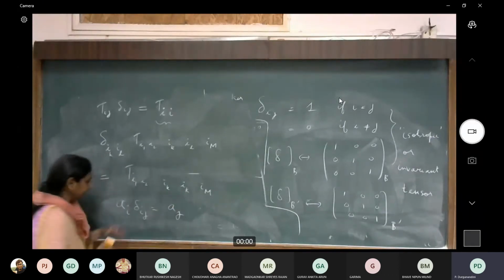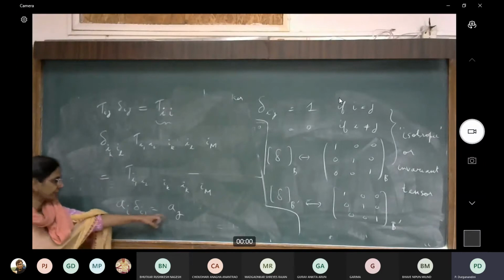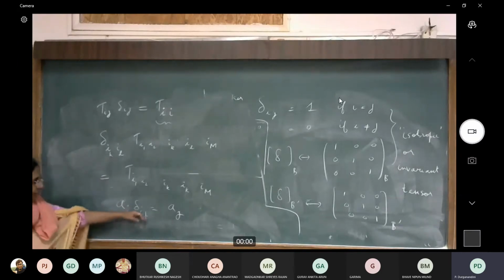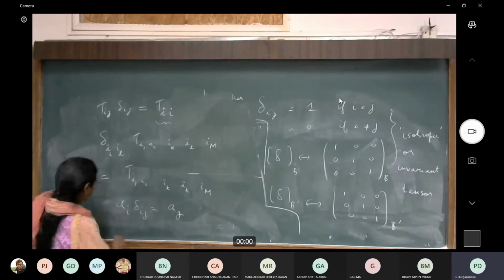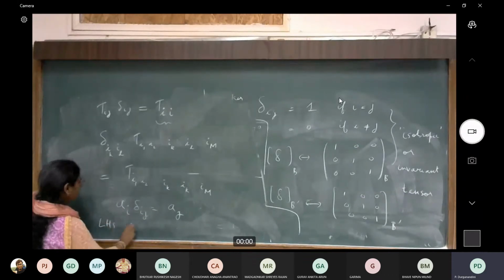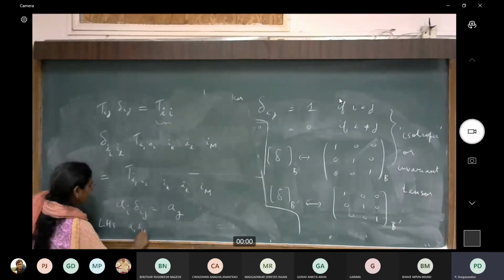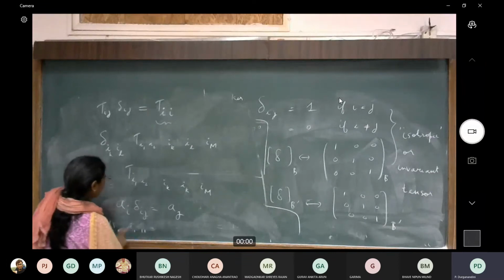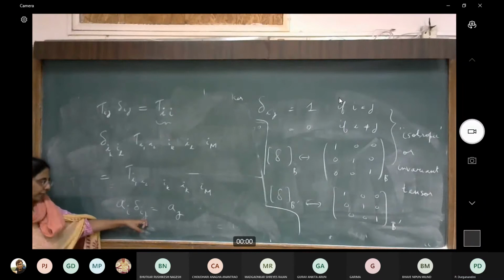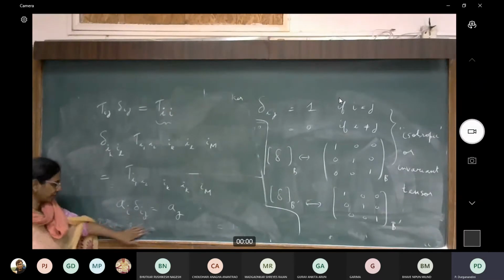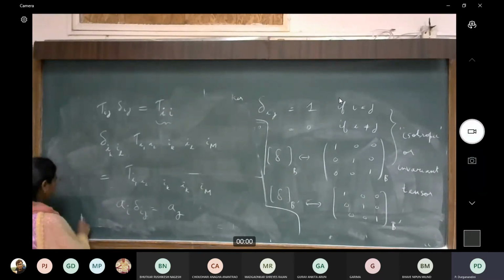Because again here, this will be 0 unless i equals j, so I will end up with this. Notice what this left hand side means. j is the free index here, whereas i is a summation index. So when it's a free index, I put j equal to 1, suppose.